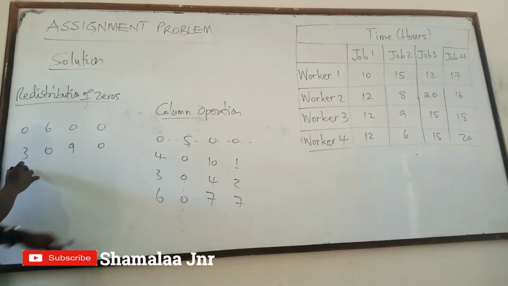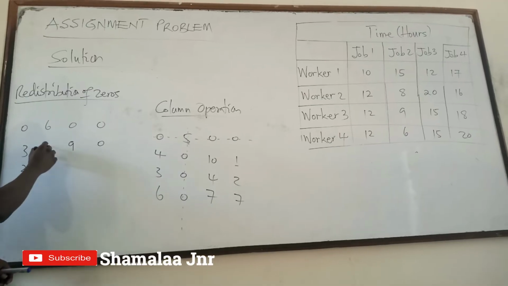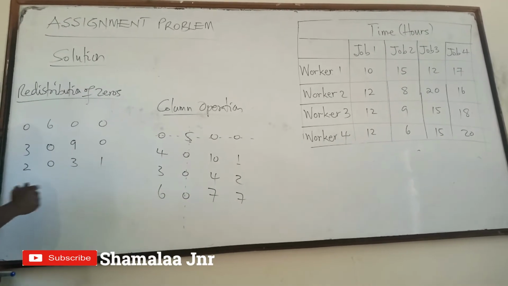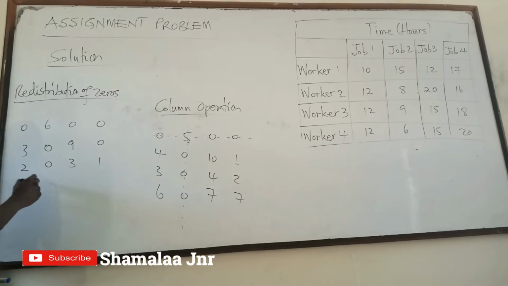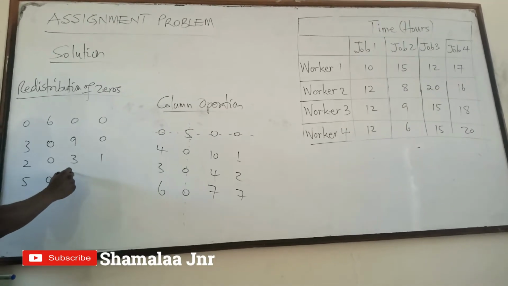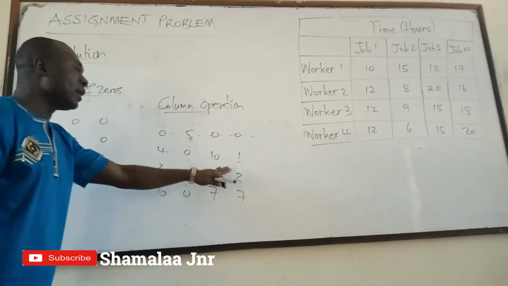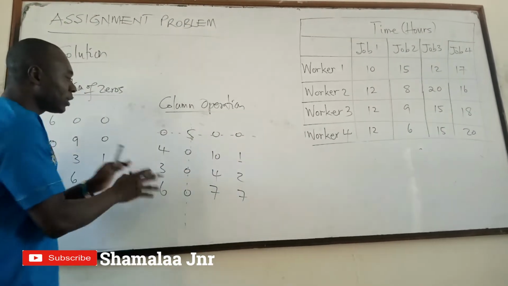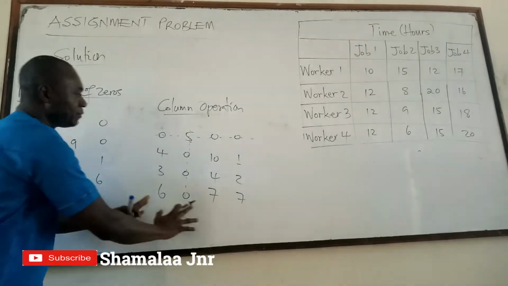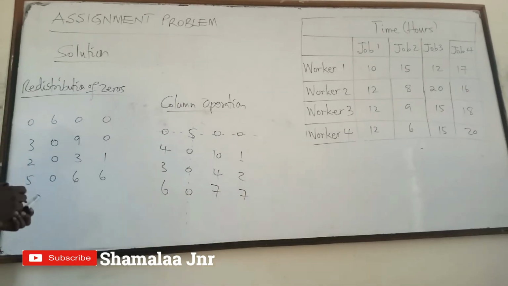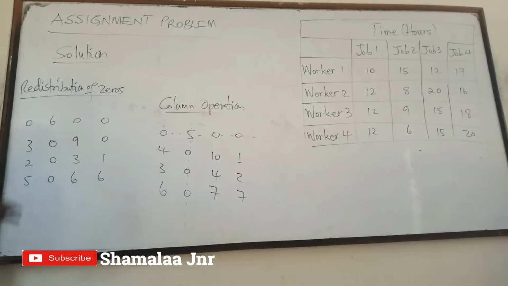Subtract 1 from 3, 2, 0. This will be 3, 1. Subtract 1 from this, 5, 0, 6, 6. So we have taken the smallest uncrossed number, subtracted it from all the uncrossed numbers, and added it to the junctions. So we have it this way.